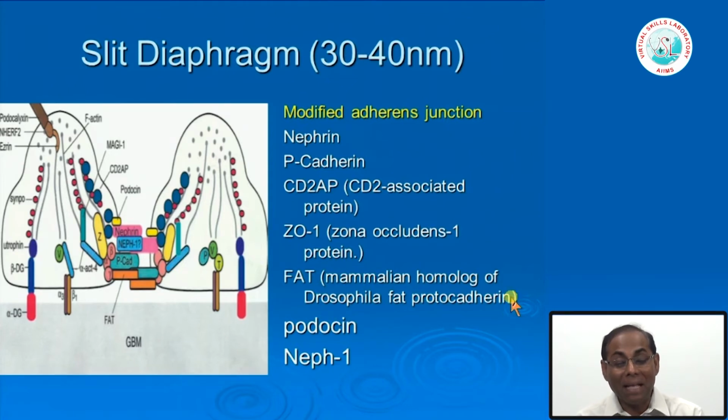I think the names are a little big and tricky, but initially when this molecule was described, it was described in Drosophila. That's why it is still mentioned in the nomenclature. Then podocin and nephrin. So basically these are different molecules which are responsible for maintenance of the slit pore.